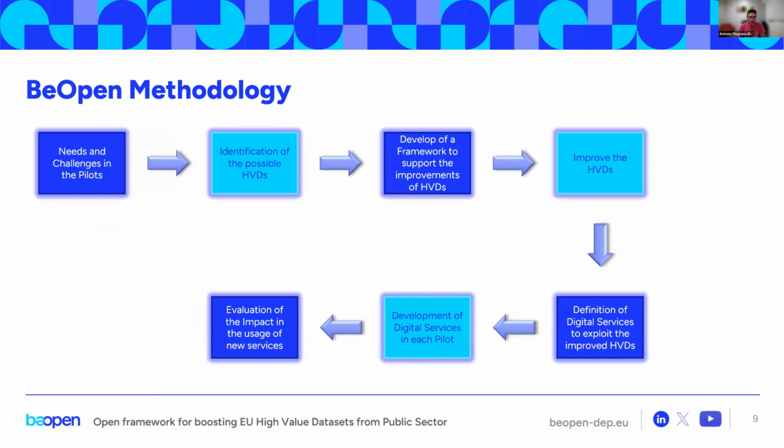What methodology are we using to accomplish our objectives? We collected the needs and challenges of the 8 pilots involved in the project and identified the possible high-value datasets provided by the cities. We developed a framework to support the improvement of HVDs, and using the framework, we are now improving the high-value datasets provided by the pilots.